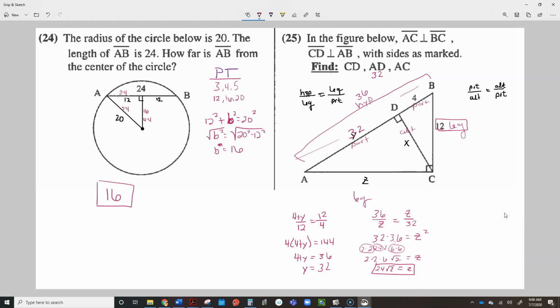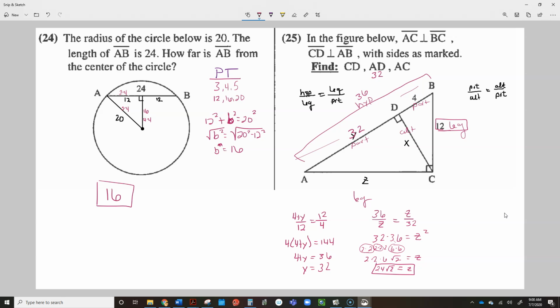If you need help doing this, I can send you a video on simplifying radicals. But some of you may have a calculator that'll do this for you. I don't know why mine wasn't doing it, because it usually does it beautifully. I'm going to try it one more time. The square root of 1152.